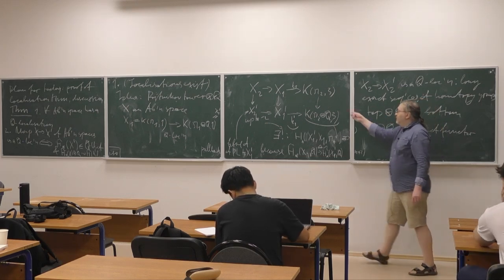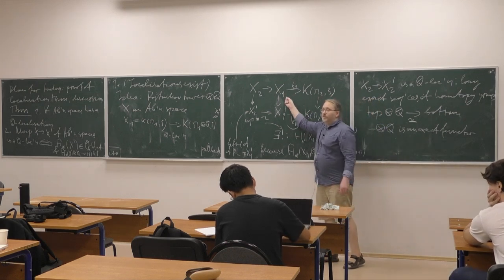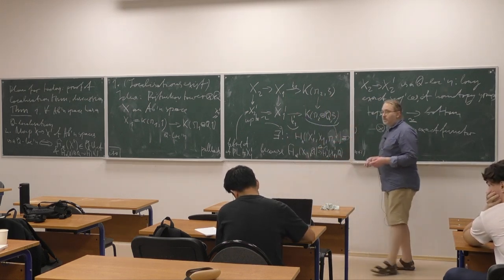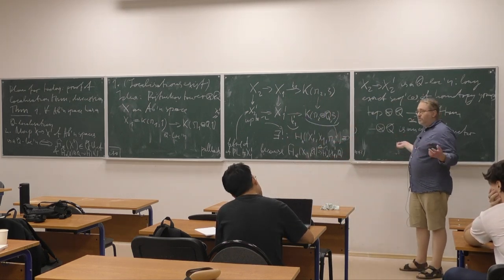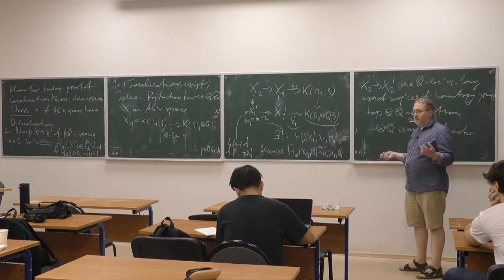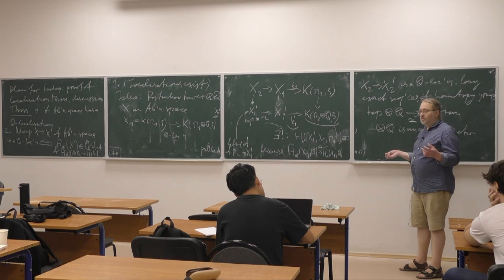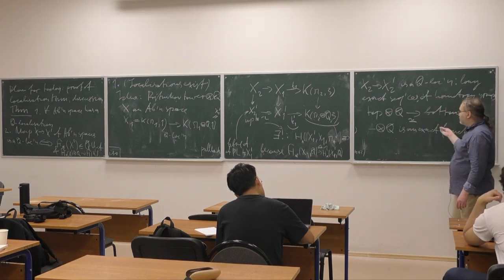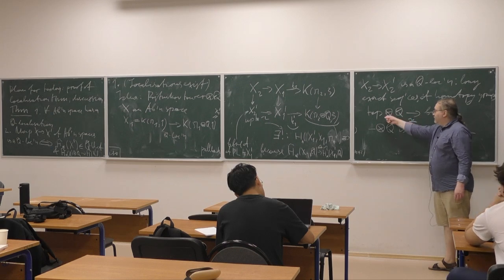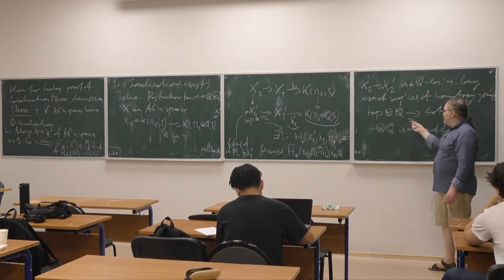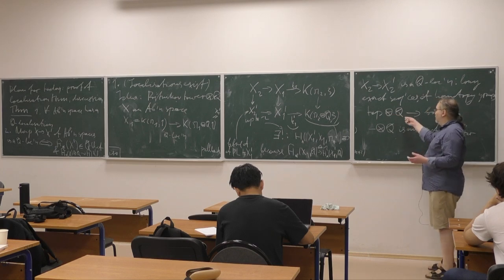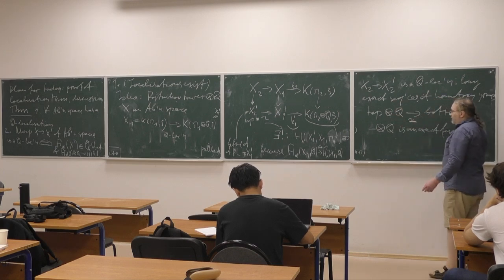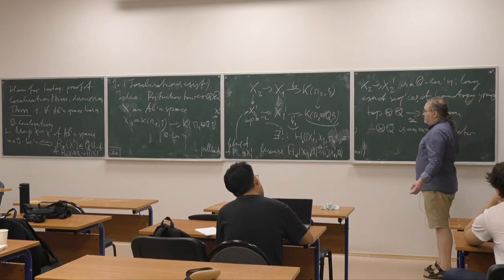So we take the top fibration, take the long exact sequence of the homotopy groups, tensor it by Q. The sequence is still exact and still long. And after I tensor the long exact sequence by Q, the top one, it still maps to the bottom one.